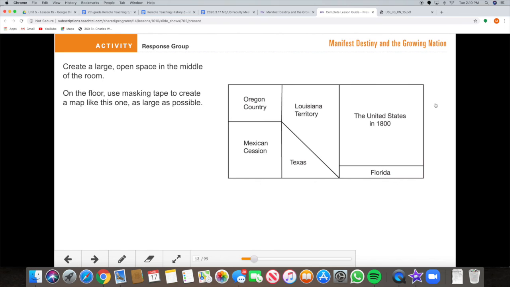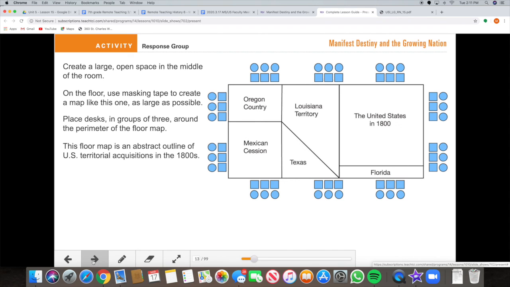So below the title, draw this abstract image of the United States. All right, so we are going to disregard these instructions because we do not have a shared classroom at this time. We can't move around desks, or we're by ourselves. All right.